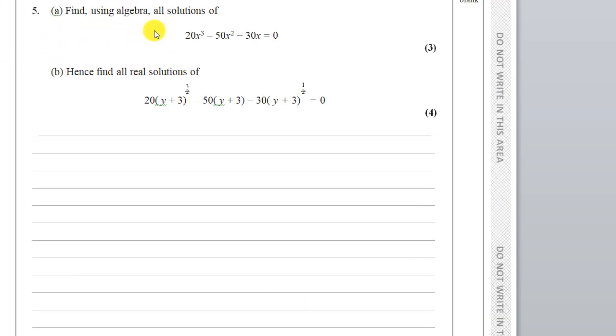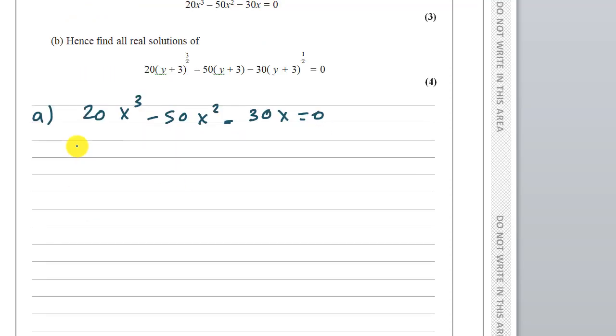Now find, using algebra, all the solutions of 20x^3 minus 50x^2 minus 30x equal to 0. So this is part A. 20x^3 minus 50x^2 minus 30x is equal to 0. So 10x, the remaining 2x^2 minus 5x minus 3 is equal to 0.